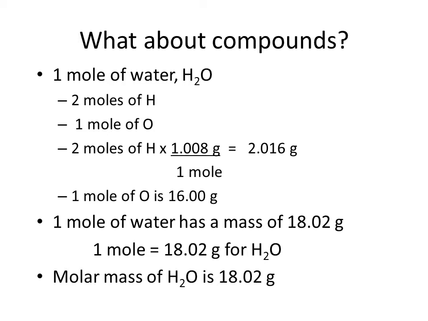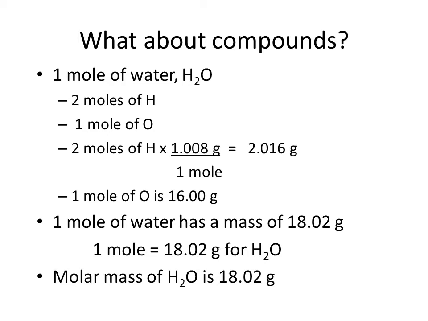From this 2 moles of hydrogen and 1 mole of oxygen, I can determine what the mass of 1 mole of water is. 2 moles of hydrogen will have a mass, by using the molar mass of hydrogen, of 2.016 grams.